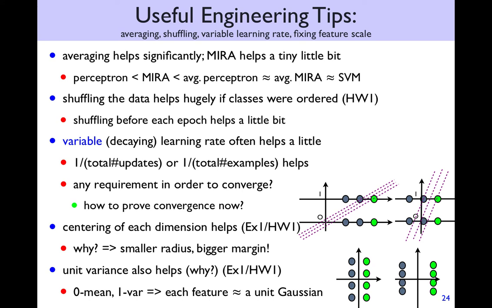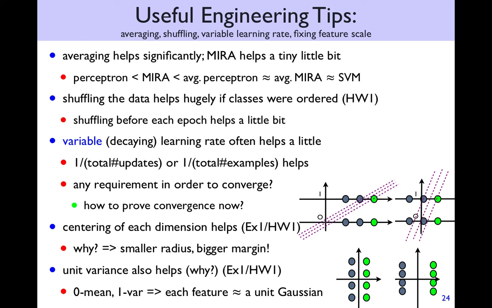Okay, sometimes a variable learning rate or decaying learning rate also helps. So far, we have been using a constant learning rate of 1, and if you just use a constant learning rate of 10, that doesn't matter at all because the weights will just be 10 times bigger, and they have exactly the same boundary. But if the learning rate decays, like from 1 to 0.9 to 0.8 or whatever, that often helps a little bit because as training goes on, you want to be making smaller and smaller updates.